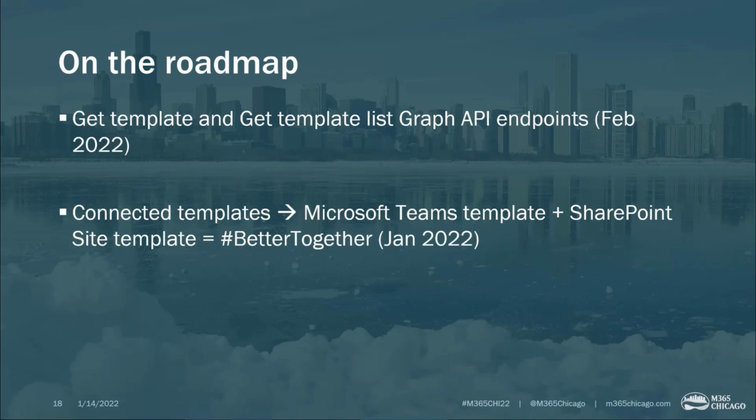Roadmap: there is not so much on the roadmap, but if you are, for example, building a solution using Graph, and you want to use Teams Admin Center to manage a template, there will be get template and get template list Graph API endpoints available in just a few weeks.